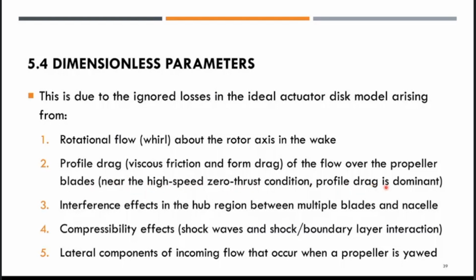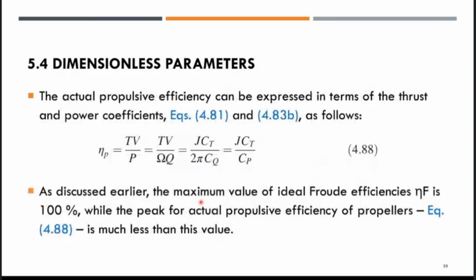And then the third factor is interference effects in the hub region between multiple blades as well as the nacelle. And then compressibility effects, such as shock waves and shock boundary layer interaction. And finally, the lateral components of incoming flow that occur when a propeller is yawed. All right. So these are the reasons why the actual propulsive efficiency is far less than the ideal fluid efficiency.